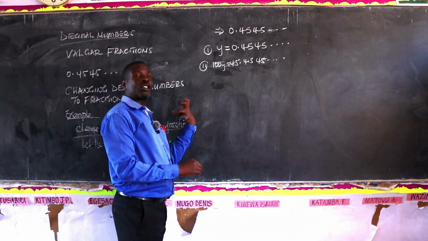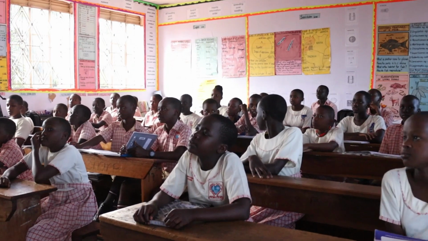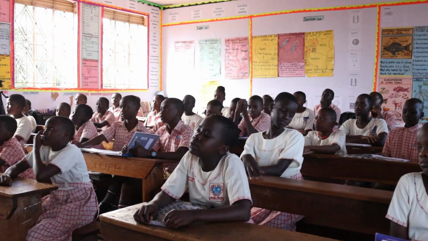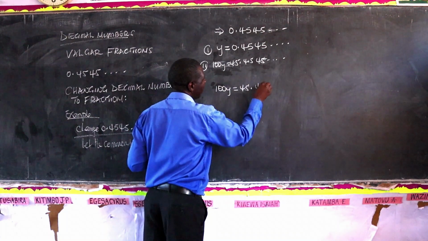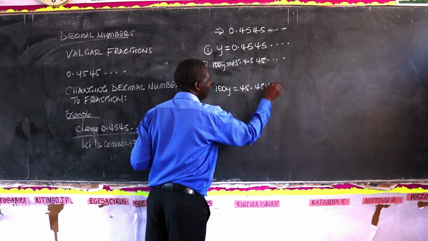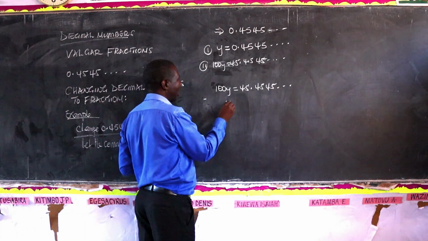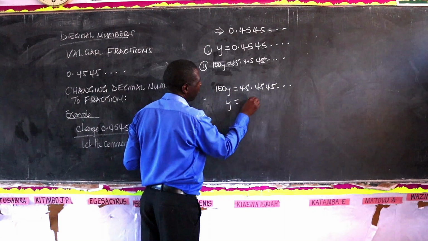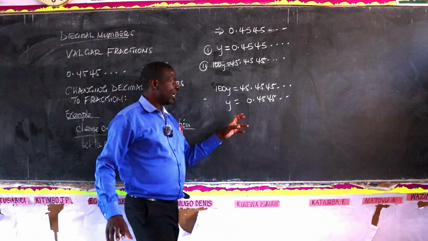From here, we get equation number 2 minus equation number 1, which is 100y equals 45.4545 recurring, minus equation number 1, which is y equals 0.4545 recurring.